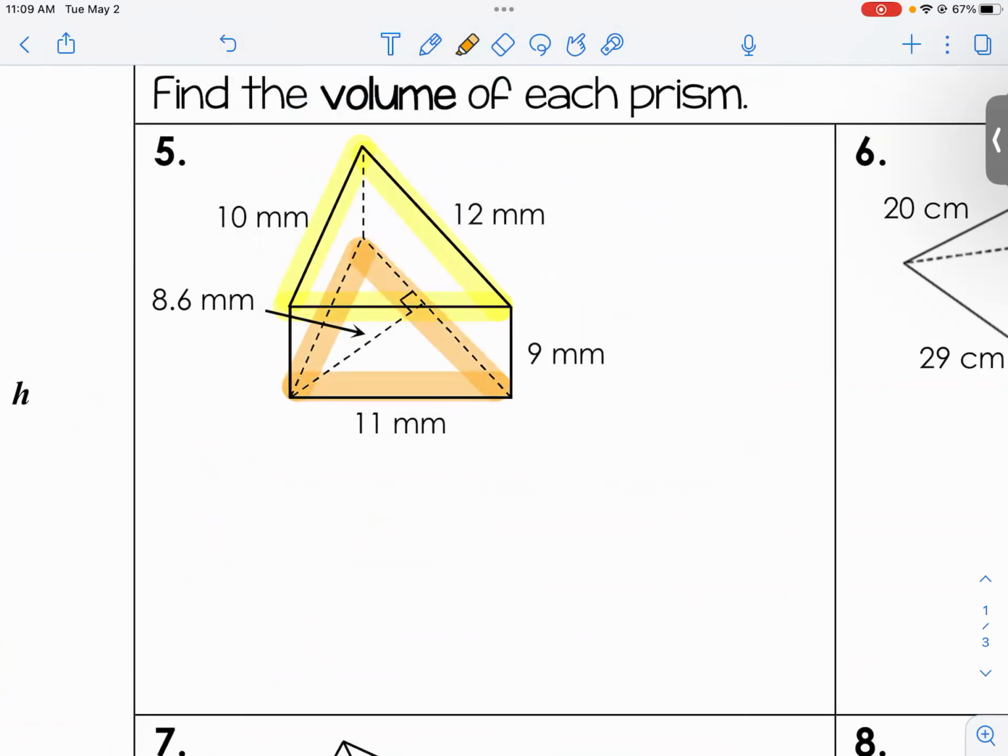There's 2 triangles that are parallel. Do you see them? Okay, so we have a triangular prism. So what I'm going to do is I am going to highlight this triangle right here in pink.